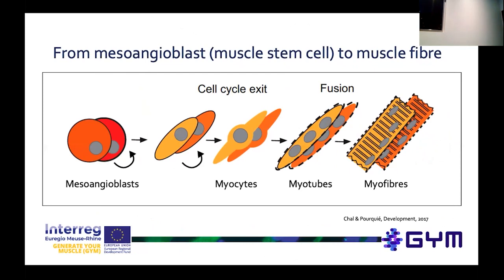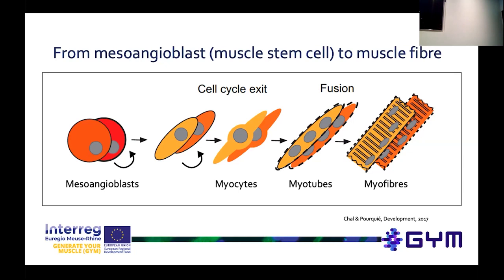This is then the whole idea. So you have the stem cells, they become myocytes, they become myotubes, and then you see they have multiple cell nuclei in the whole cell. That's typical of muscle, that you have fibers consisting of multiple nuclei. But these mesangioblasts can generate new myotubes, new myofibers, and they can also fuse with the existing ones.